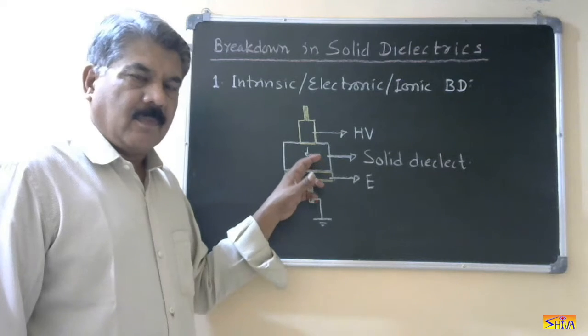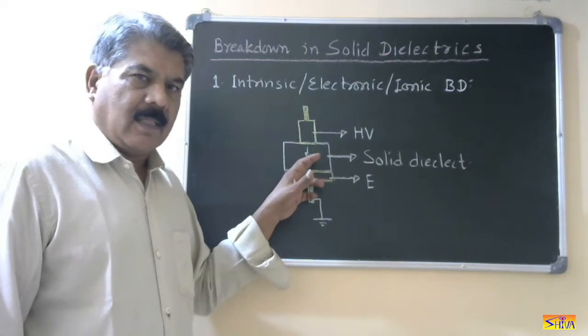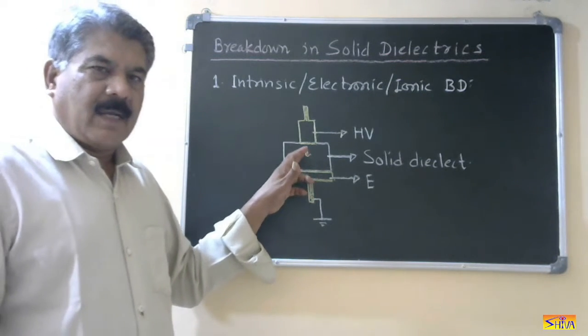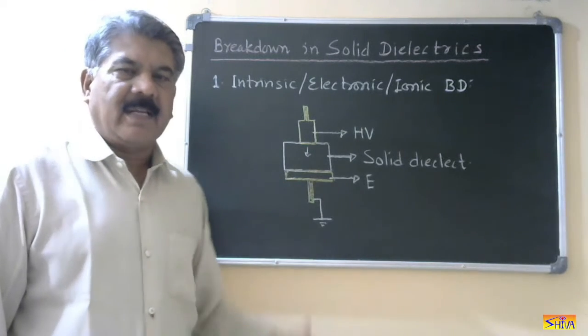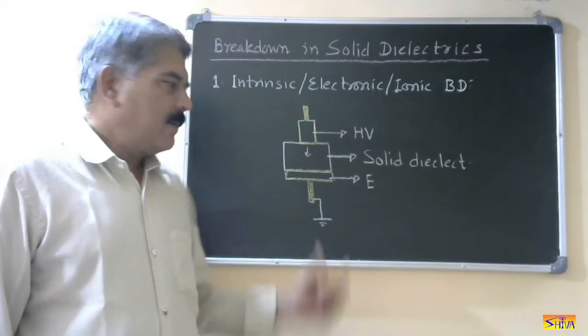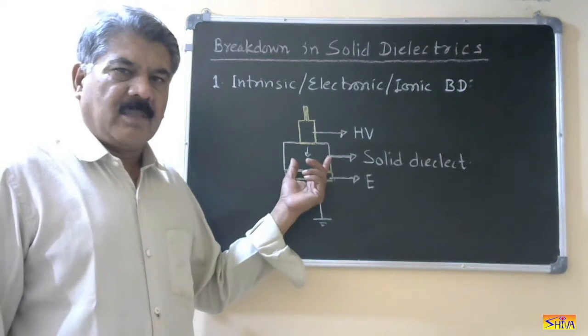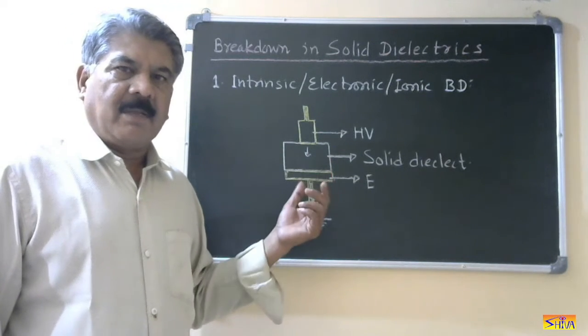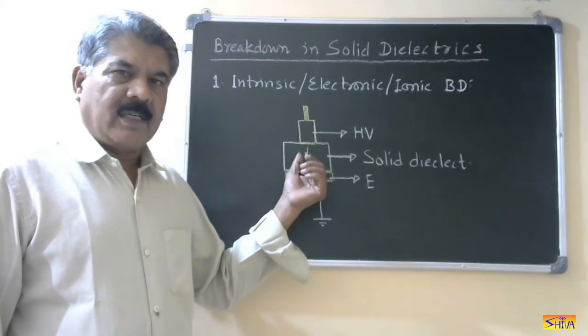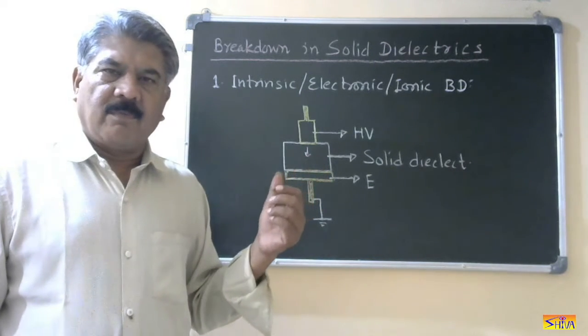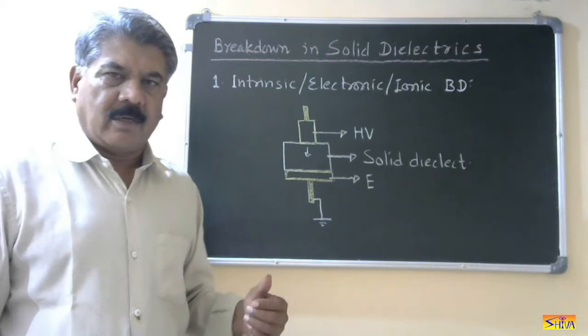If the energy gained by this electron during travel, that is kinetic energy, is higher than the ionizing potential of these molecules, then it will break the molecular structure of the solid dielectric and form one electron and one positive ion.